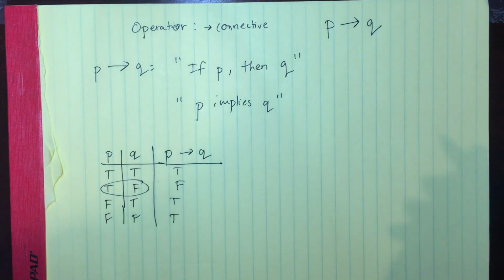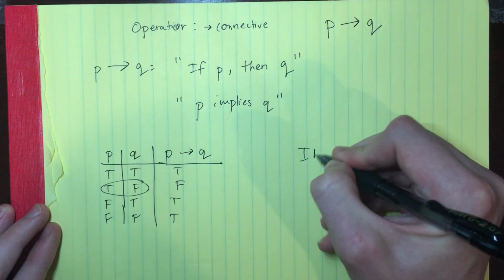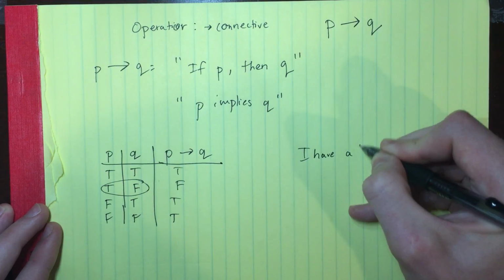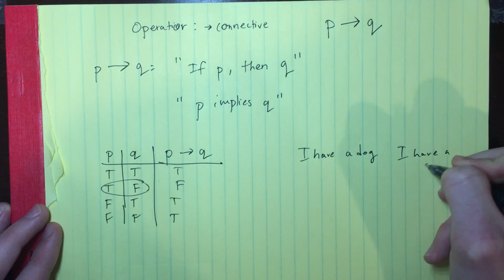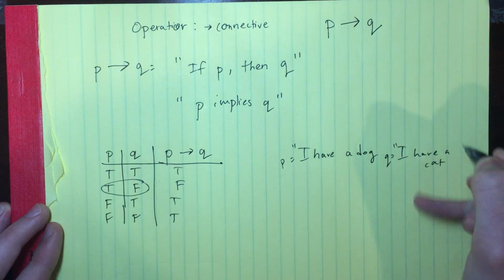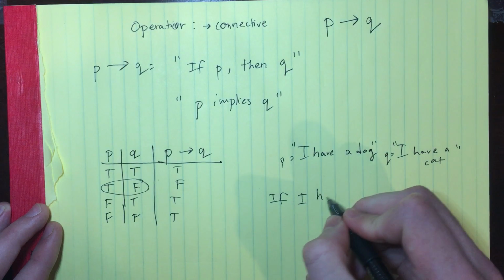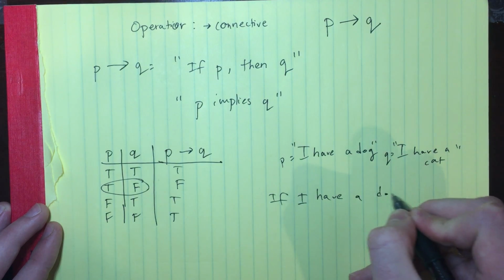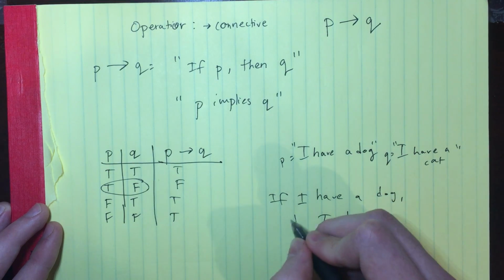So when you have two statements, I have a dog, I have a cat, this is P, and this is Q. If I have a dog, then I have a cat.